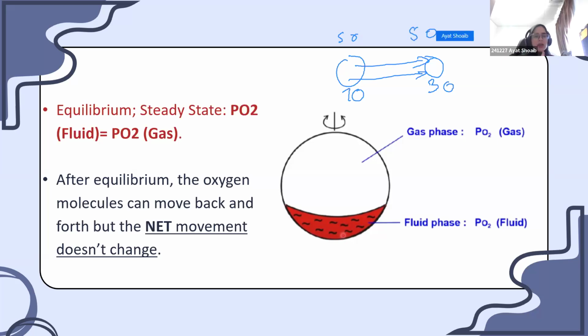Now the air around us just keeps moving, so the oxygen molecules can keep moving back and forth. We're not freezing them. They keep moving back and forth, but the net movement does not change. So there are oxygen molecules moving here and moving there, but overall, it's still 50 and 50. It's not that important, but just understand.